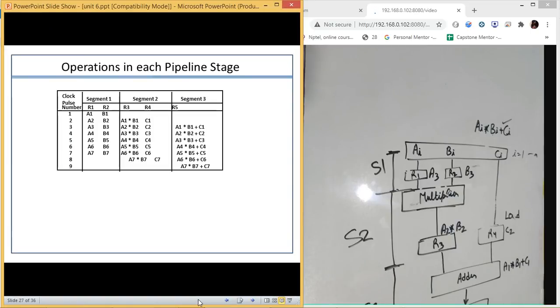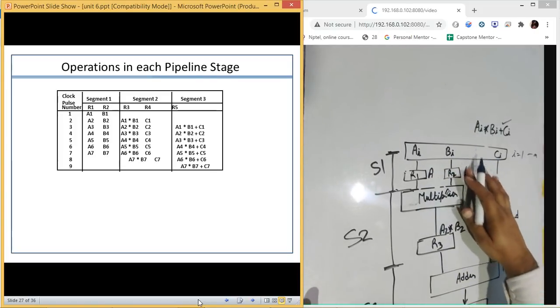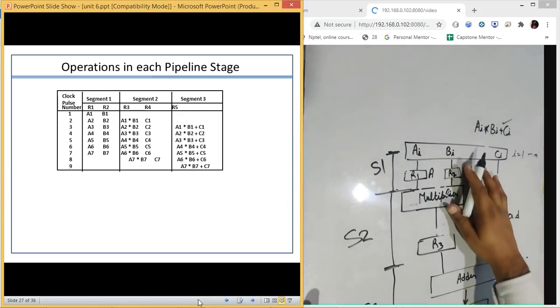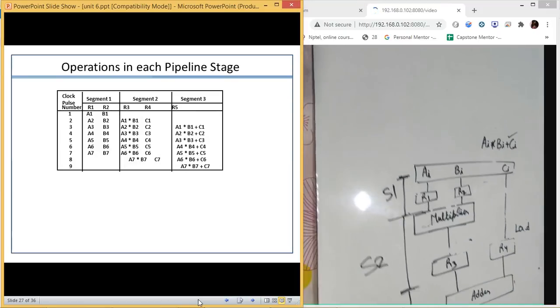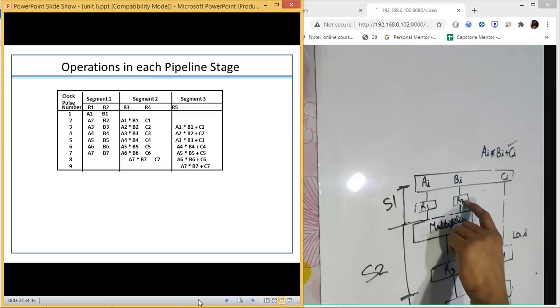So what we have is, in the first case, when segment 1 is going on, what will happen? In the register R1, let us talk about this by taking the same example. When we start at R1 and R2, which values will be given?